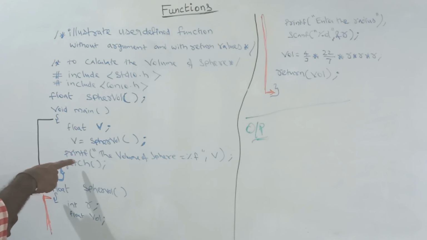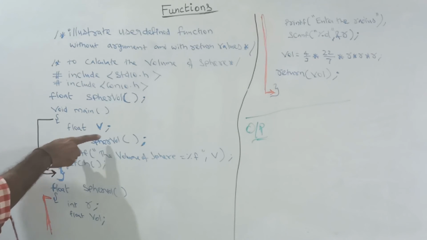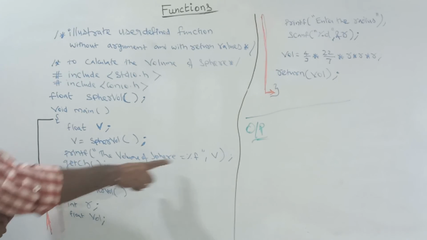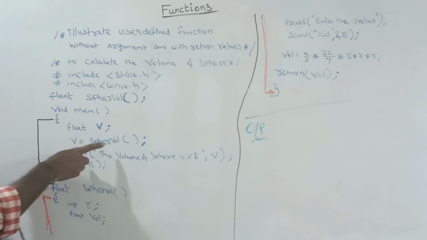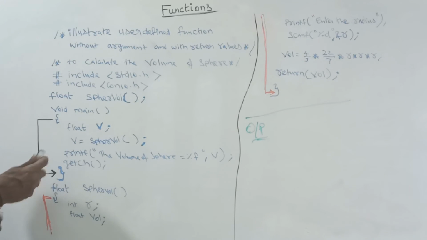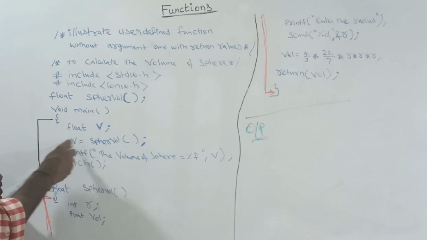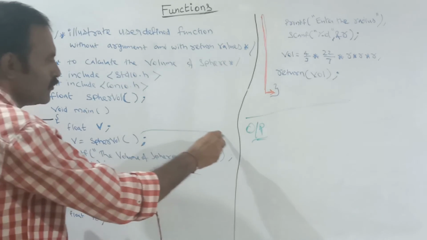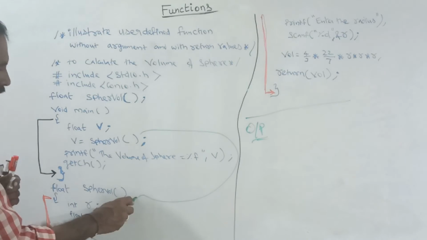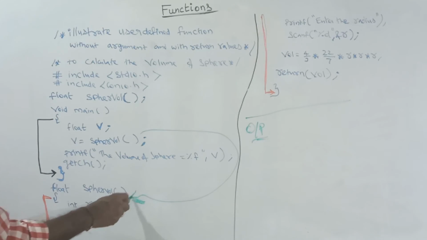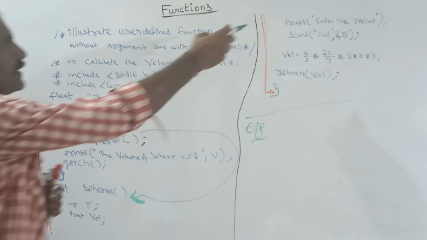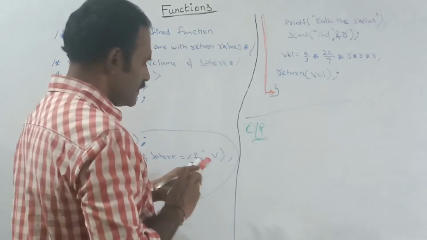After getting the result, I am telling it to print the result. Here I am calling this function. When the controller comes to this step at execution time, it directly moves to the user defined function. In the user defined function, it will ask to enter the radius.